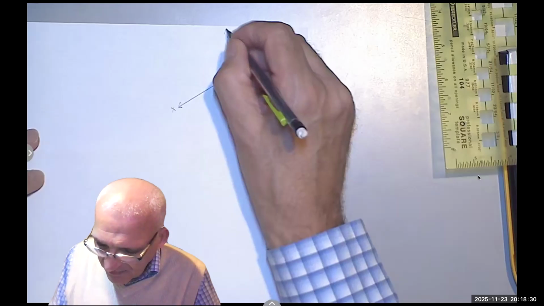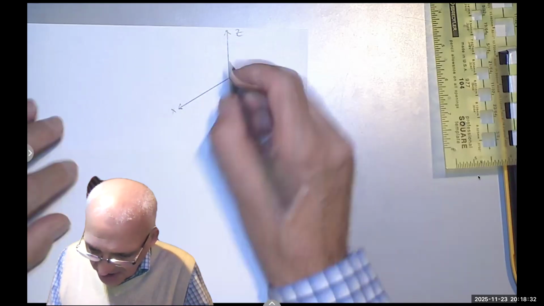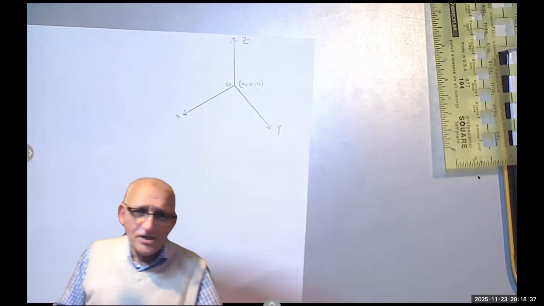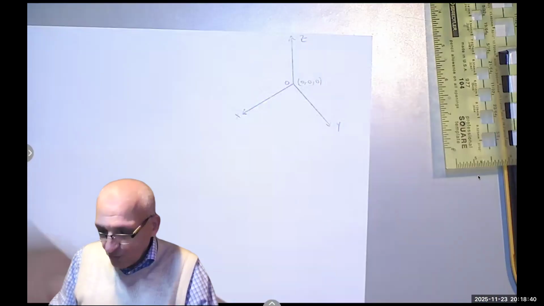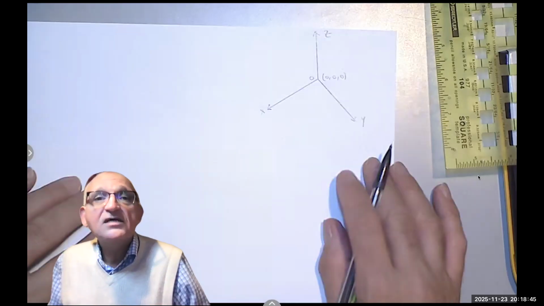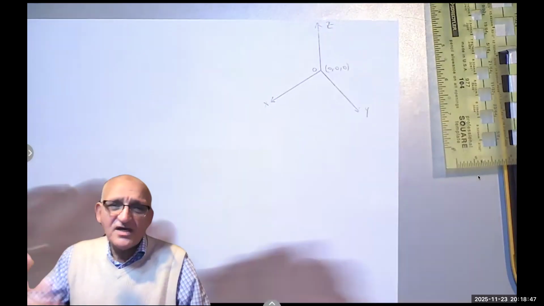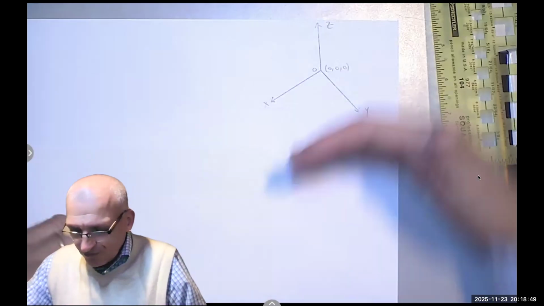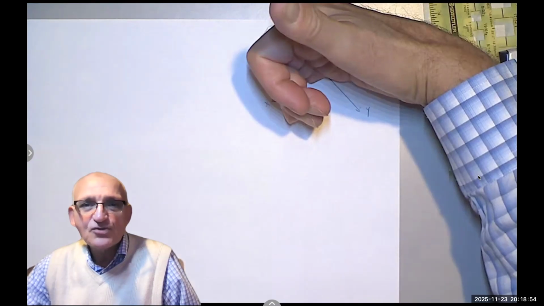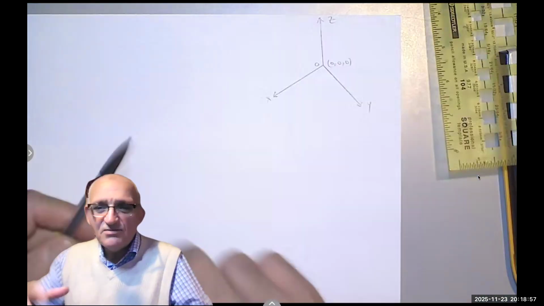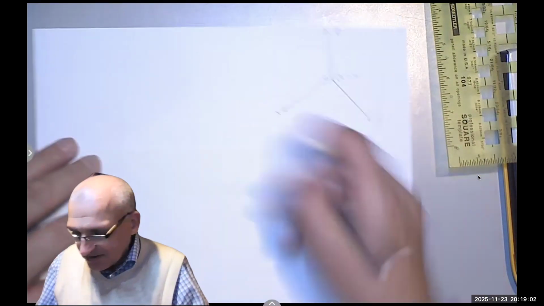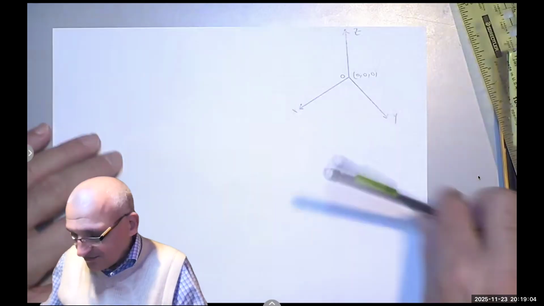Remember, we said if you have at the origin here a bottle cap or a nut, and then you rotate it counterclockwise from the x to the y, you see that it moves up along the z, so that is a right-hand rule. It's the same thing that they tell you: put your hand on the x-axis, curl your fingers towards the y, your thumb would be pointing to the z. But I prefer to think of something we use every day, like a bottle cap or a nut and a wrench.